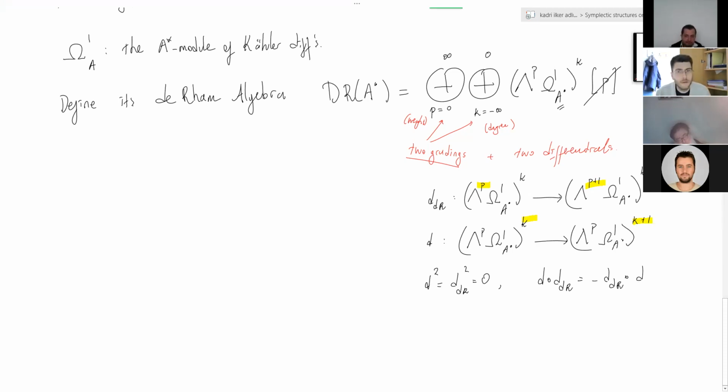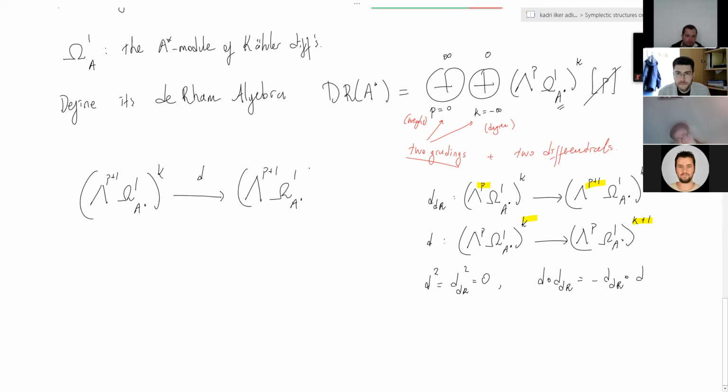So it's a kind of double complex, actually. You can really have this picture. Let me sketch quickly. Let's say this is the degree k part. This is d, the internal differential, going to k plus 1, and it goes like this. This is d derived, and goes like this. This is a double complex.